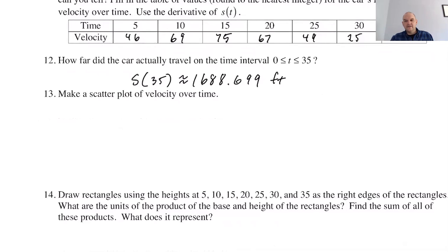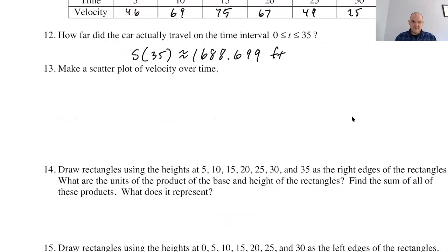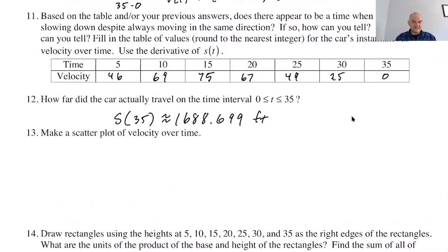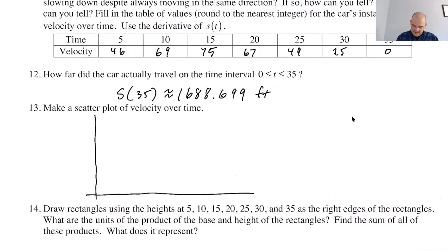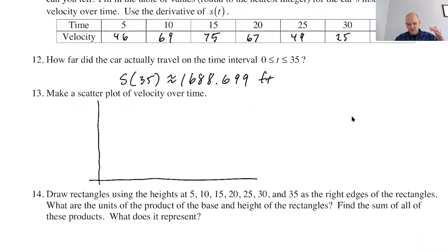Well, the next question asks us to make a scatter plot of velocity over time. So I'm going to do that. I'm not going to make a great scatter plot. I'm just going to try to make sure that relative heights are kind of where they should be. So 25 should be below 46, that kind of thing. That's what I'm going to try for.